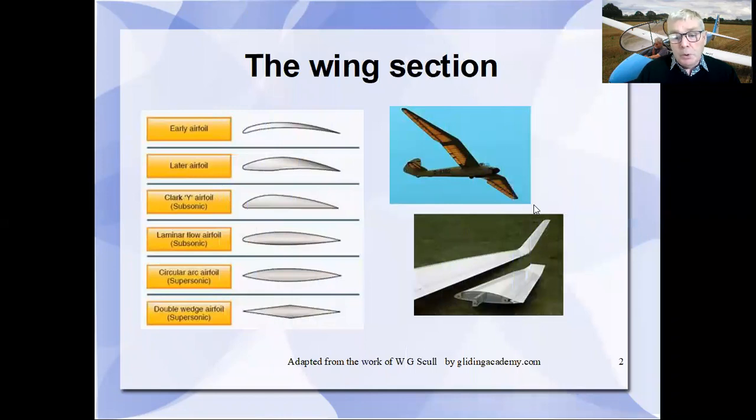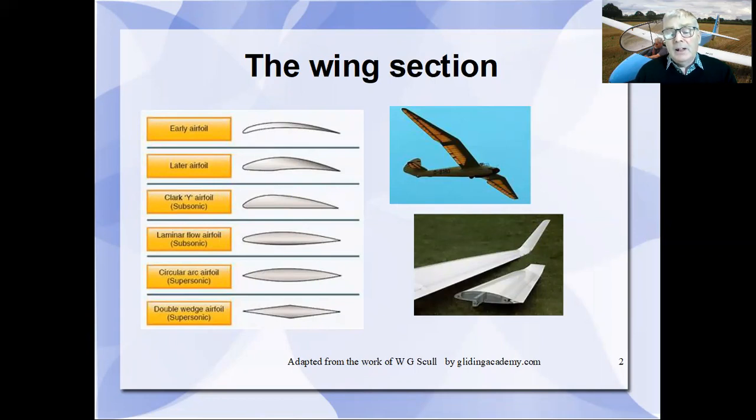So first of all, it's important to understand that wing sections have changed over years as our knowledge has developed. And you can see on this screen here, we've got an early picture of an early low speed, high lift wing sailplane back in the 30s and 40s.